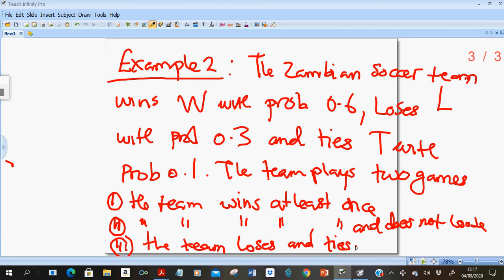So we need to create a decision diagram.